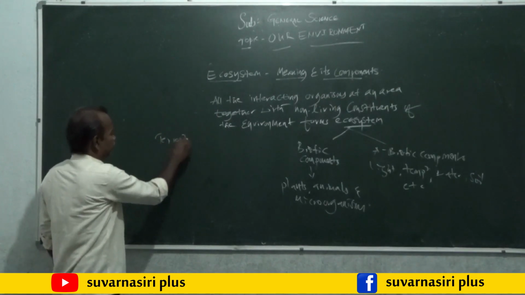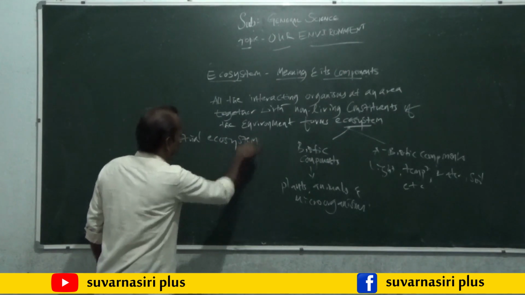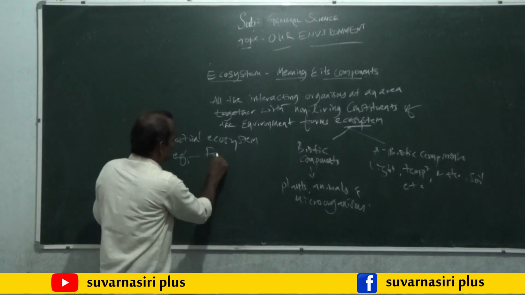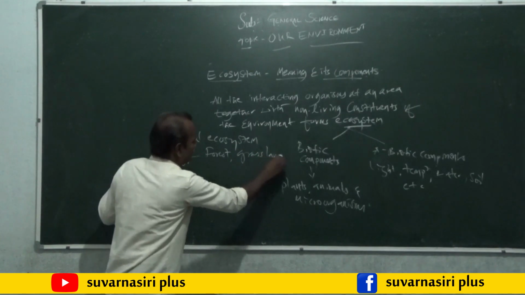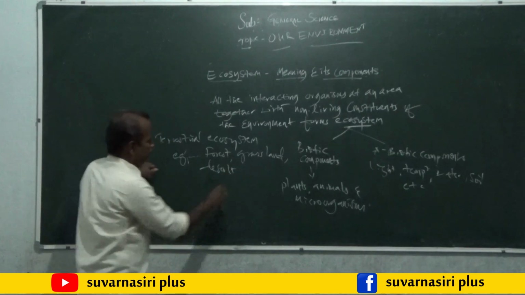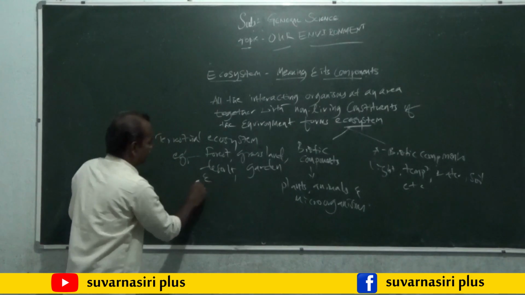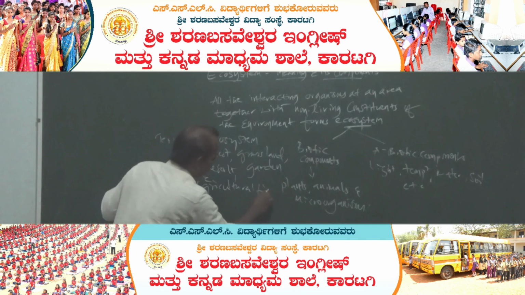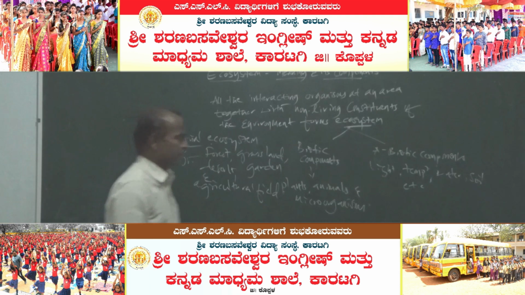Terrestrial ecosystem, example: forest, grassland, desert, garden, and agricultural field. All these are the examples for terrestrial ecosystem.